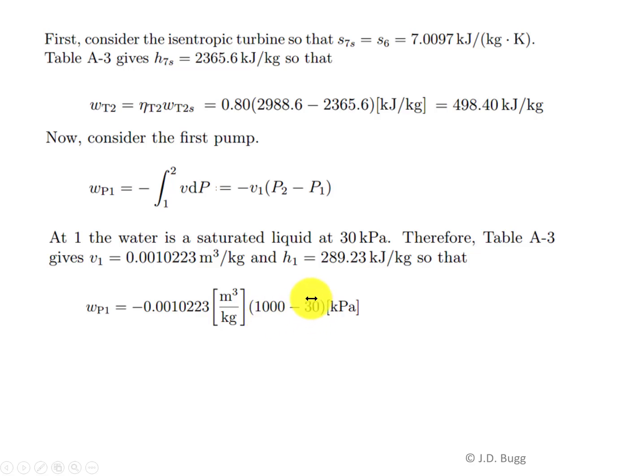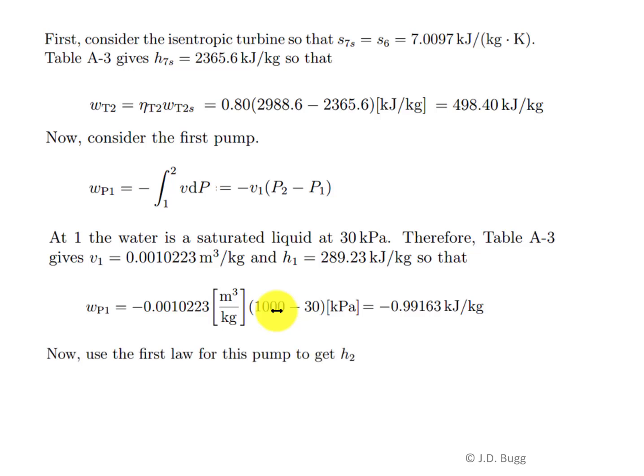So this allows us to calculate the work from the specific volume and the change in pressure. So that first pump is going from 30 kilopascals up to 1 megapascal. So that gives a pump work of negative 0.99163 kilojoules per kilogram. Now we also need to apply the first law to the pump in order to get the enthalpy at the exit. So that's H2 for pump 1.